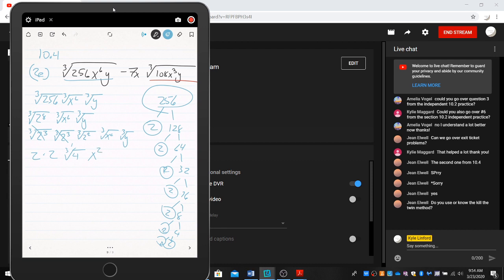And hopefully you're seeing now that you know about these rational exponents, the cube root of x to the 6th is really x to the 6 over 3, which is just x squared. That's why we're able to really just divide it by 2. But it's the same idea as saying, you have 6 x's and you want to make groups of 3. So that's that.